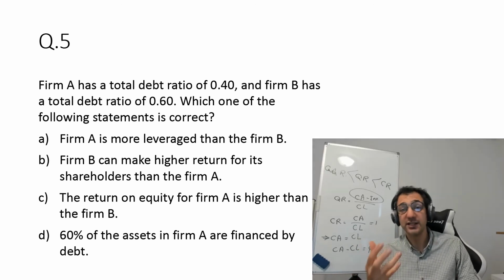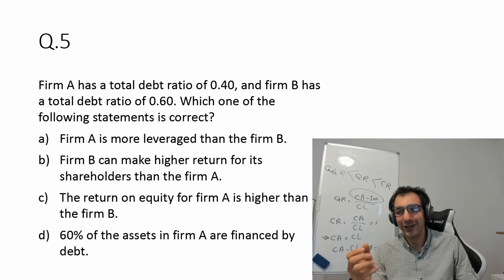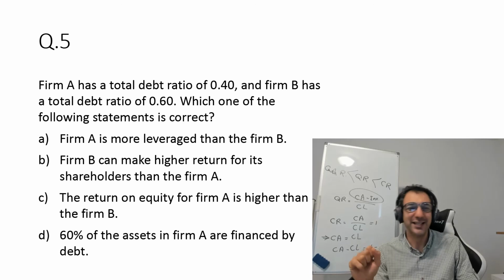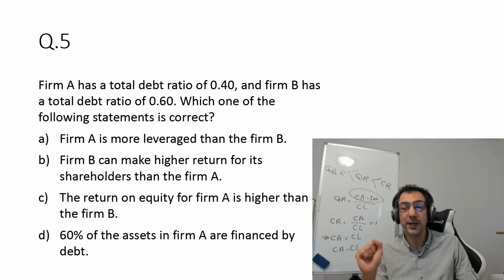So in this case, since firm B has a higher total debt ratio, we can say firm B is more leveraged than firm A. So let's look at the options. Firm A is more leveraged than firm B, which is not correct. We just argued the opposite case. Firm B can make higher return for its shareholders than firm A. Now I'm going to refer to the four-stage DuPont system.